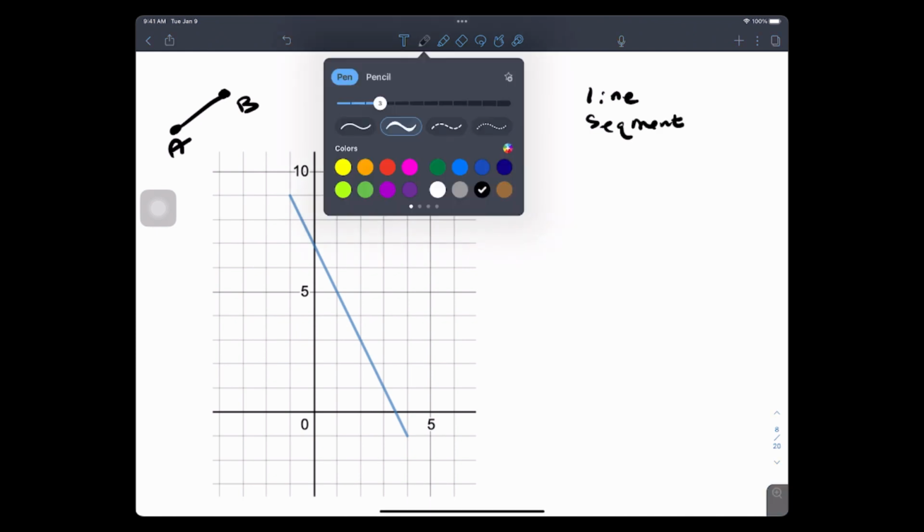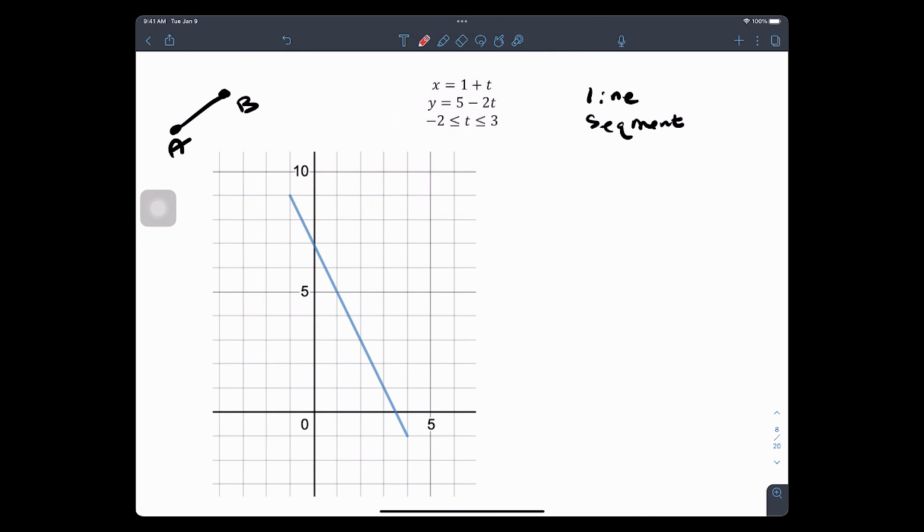Where's your initial point? Well, where does this start? If t is -2, the starting point, x is -1. So I already know where x is -1. It's over here. Is that right? We can plug in the y value, and we get 5 plus 4, which is 9, and that makes sense. In other words, I start my line segment here when t is -2, and then where's the terminal point?